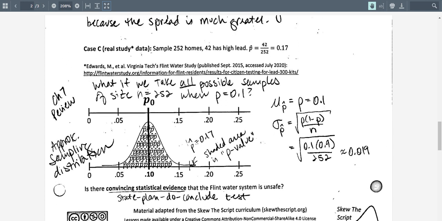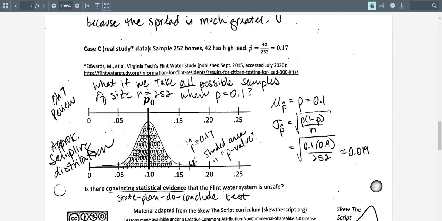So now, what really happened? They sampled 252 homes, so on that higher end of sample sizes, and ended up with 17%. Again, going back to chapter 7, this is just an approximate sampling distribution. But if the truth is supposed to be 10%, then off on the right-hand side there, you can see the mean and standard deviation of the sampling distribution, which means that it is rather unlikely to end up with that p-hat of 0.17.